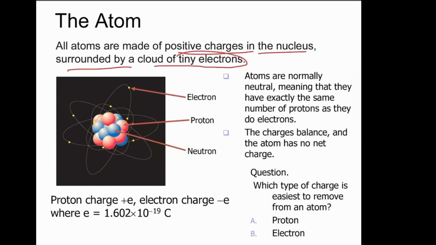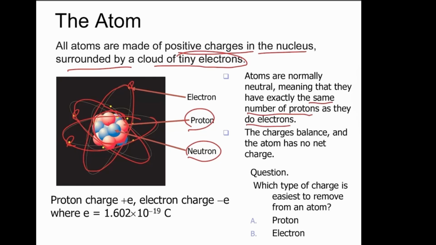The nucleus is a combination of neutrons and protons, and the electrons surround it. The atoms are normally neutral, meaning they have the same number of protons and electrons.